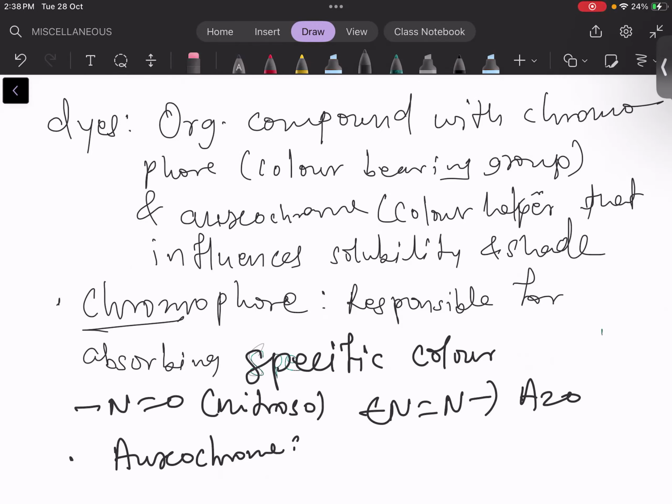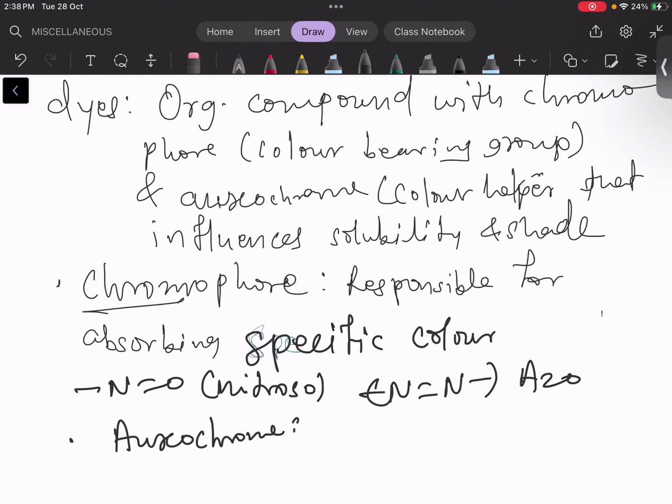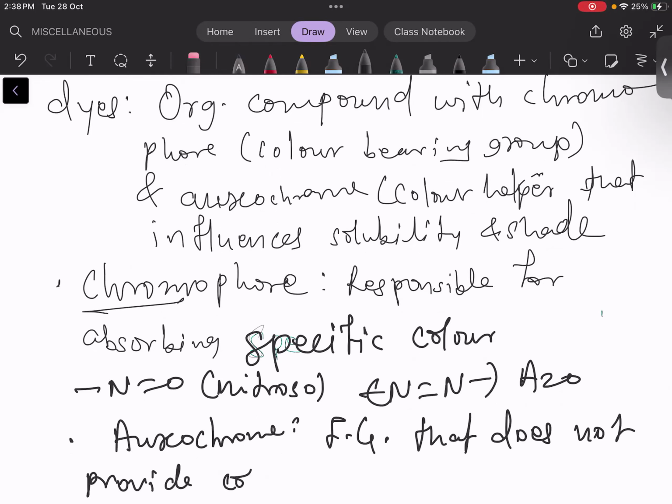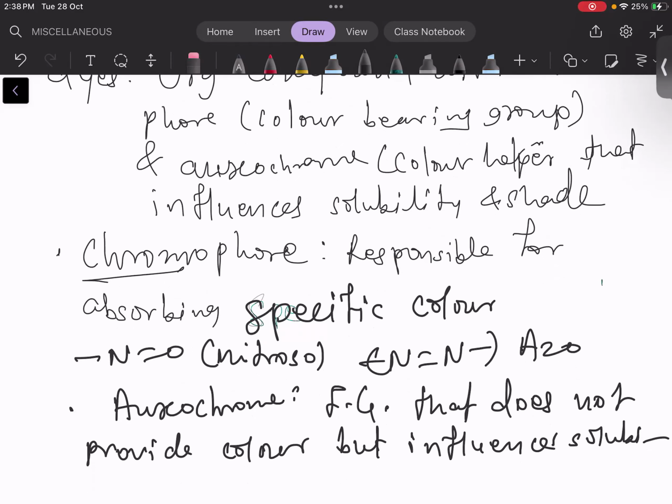That is called the auxochrome. It is a functional group that does not provide color but influences the solubility of the dye. Is there any doubt?